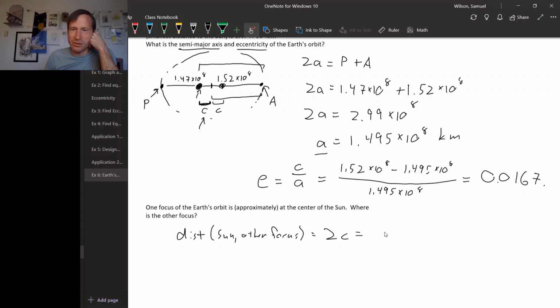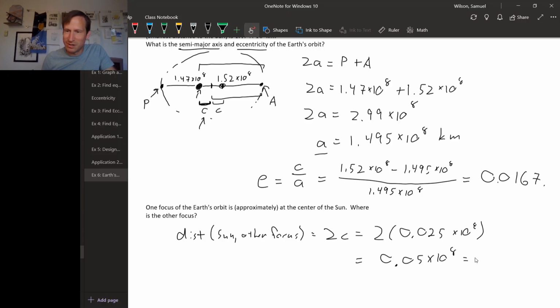So let's see, c was, I guess we didn't actually write it down, it's 0.025 times 10 to the 8th, and we need twice that. So that's going to be 0.05 times 10 to the 8th, which is 5 times 10 to the 6th kilometers.